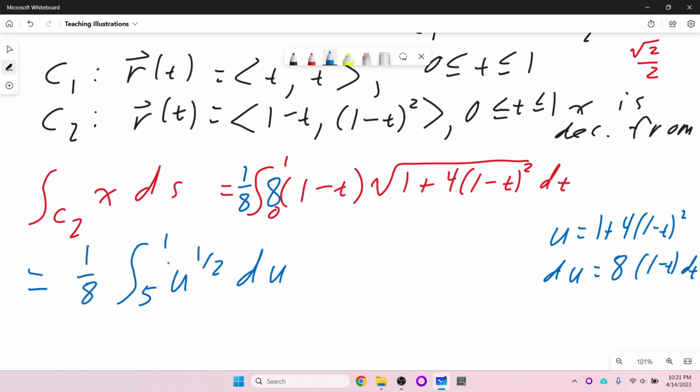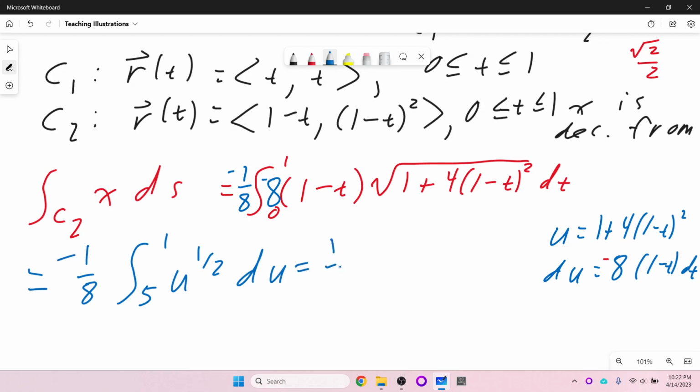Oh, I did make a mistake earlier, and that is that when I did the du, I forgot the chain rule. We always forget the chain rule, right? The derivative of the inside here is negative 1, so this should be a negative 8 and a negative 1/8. So this is negative.